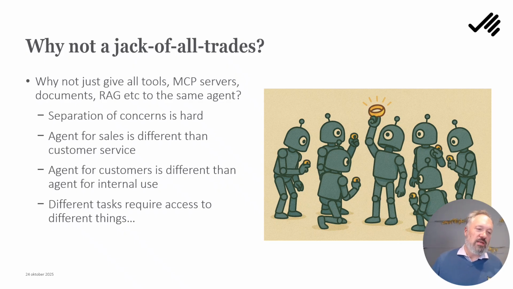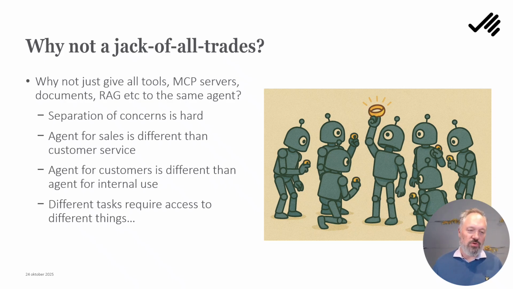into different specializations. So a sales agent, for instance, that helps you with answering RFPs or something like that, is very different from an agent that helps somebody in customer service, because it will respond differently. It gives different information and so on.